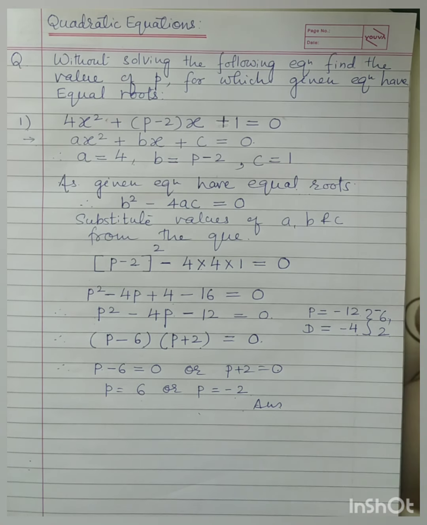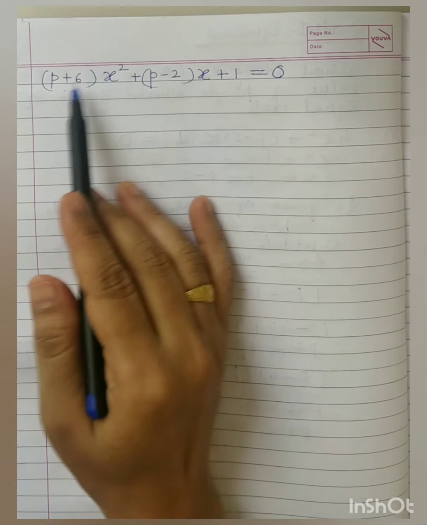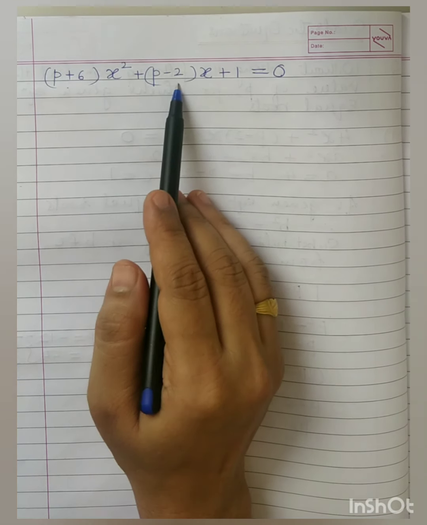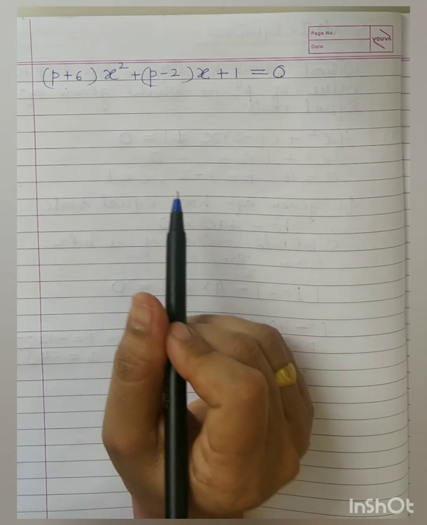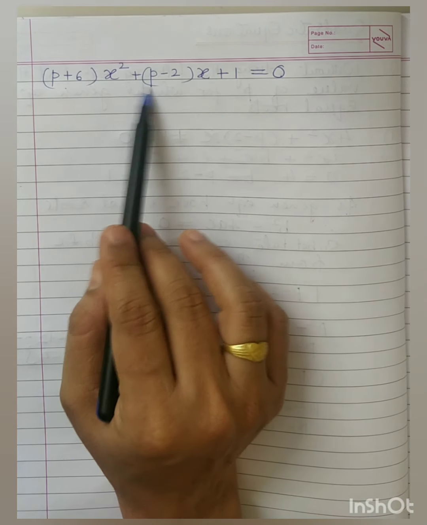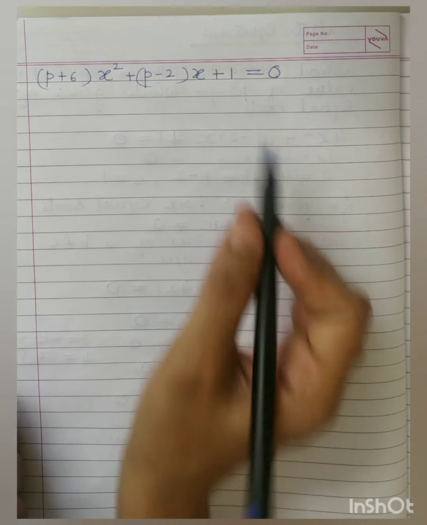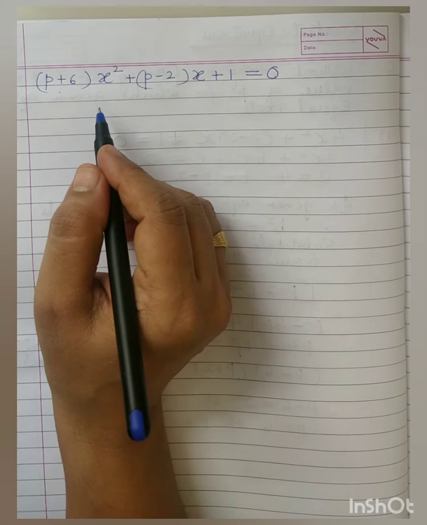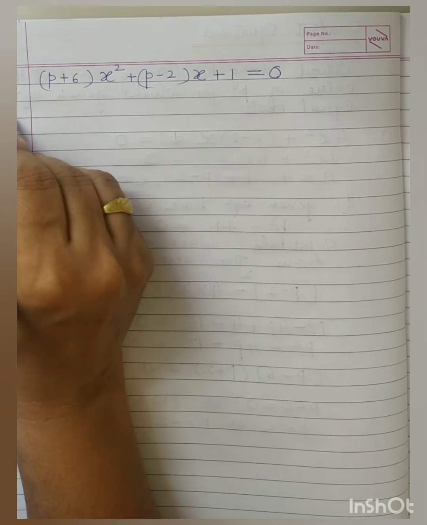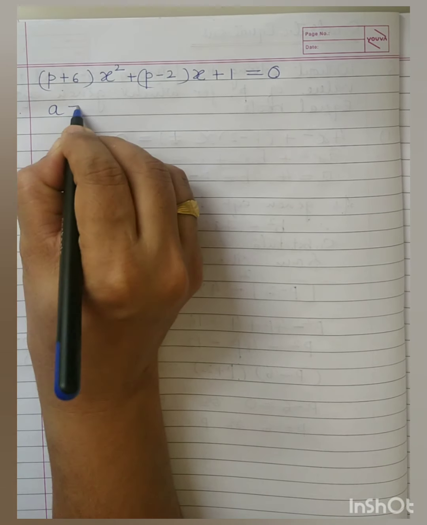Okay. See one more example here. (p plus 6)x square plus (p minus 2)x plus 1 is equal to 0. And the same condition: you have to find the value of p for which this equation will have equal roots. Equal roots means what? b square minus 4ac is equal to 0. Just now we have seen. So here also the first step is comparing with ax square plus bx plus c is equal to 0. Directly I am writing here. a is what?